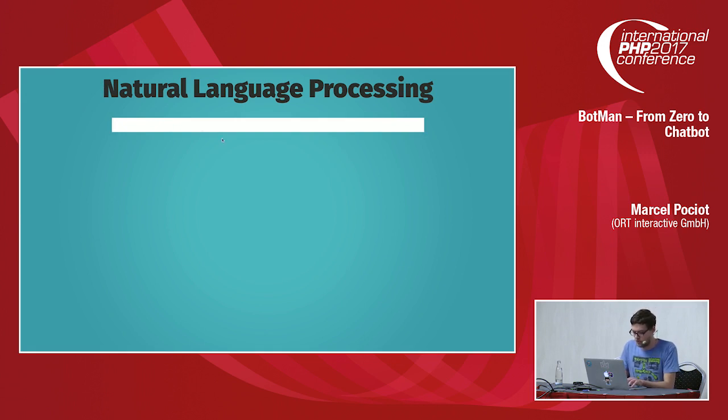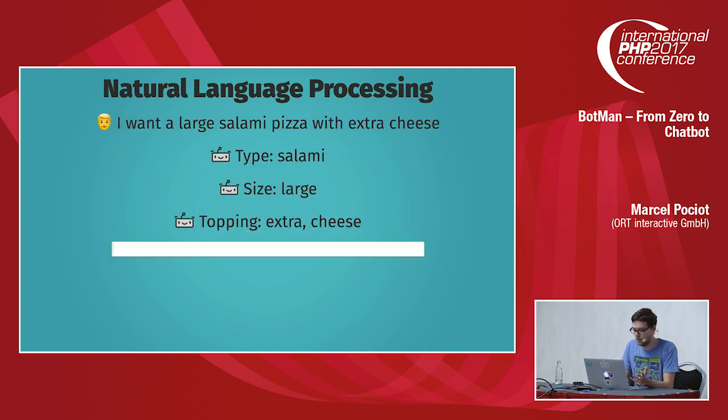Now, I have this Rasa NLU server running locally, and then I could say, for example, I want a large salami pizza with extra cheese, something like that. And out of this text, it would detect, okay, the type of the pizza is salami, the size is large, and the topping on top of it is extra cheese.